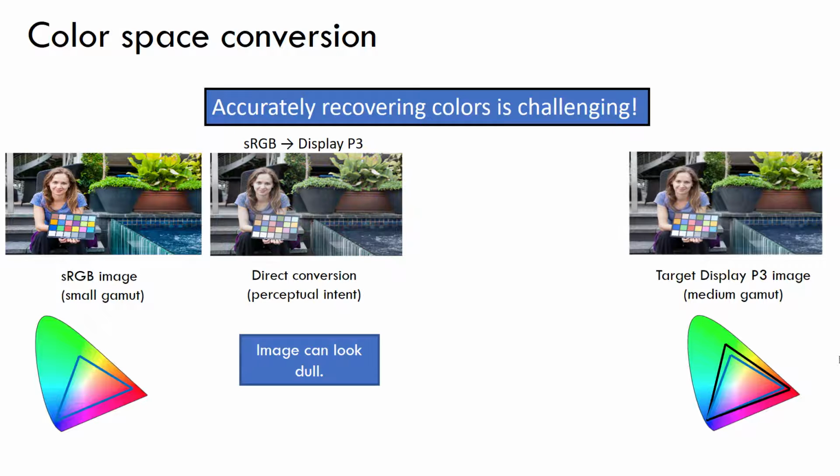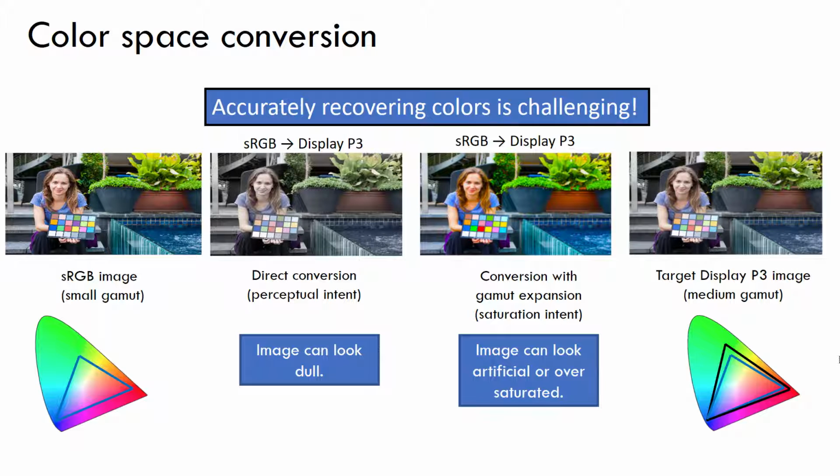If you just do a direct conversion and keep the colors as they are, you won't be exploiting the full size of the output gamut, or the target gamut, and so your image can look a little bit dull. But if you just do an expansion blindly, it may make the image look more vivid, but it could make it look artificial. It could introduce color changes that you don't want, and it could make the image look a little bit oversaturated.